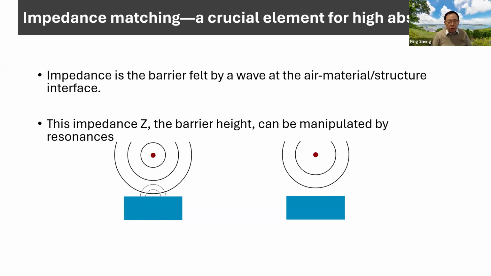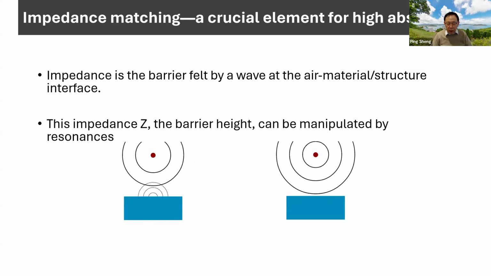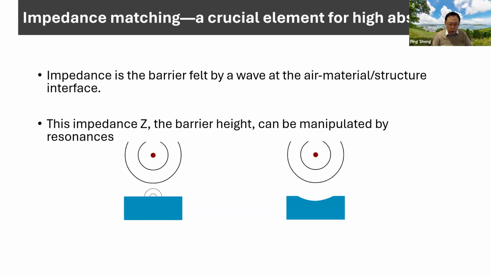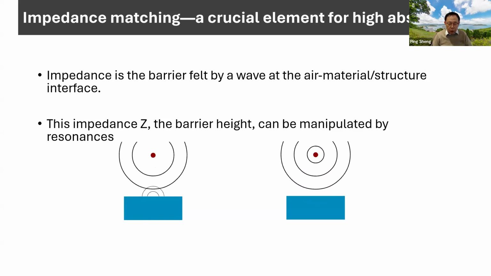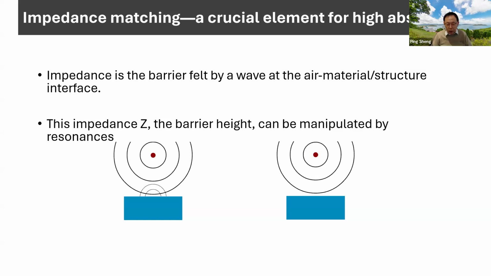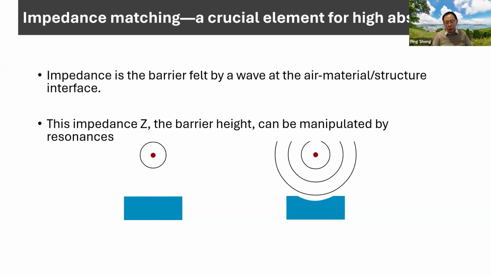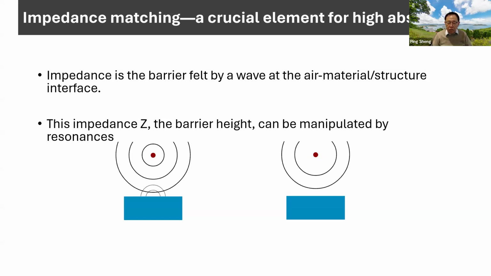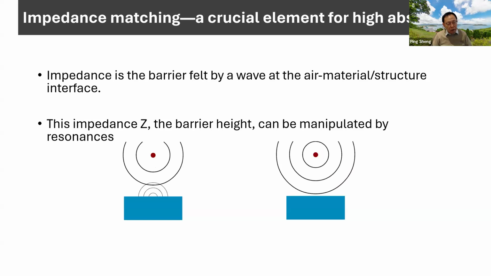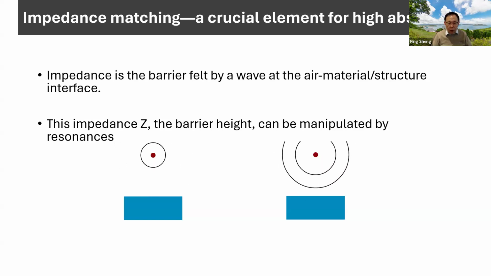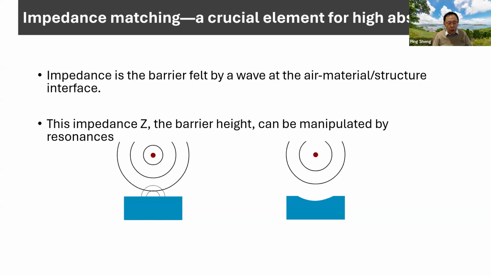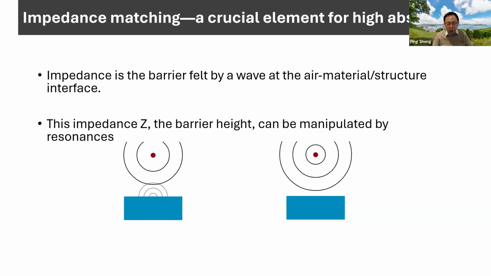Now, if you have a resonance that can be induced by the source, then when the source hits the boundary, it will yield. And in that sense, the sound wave will feel that there is almost no barrier. And as a result, you can achieve impedance matching.